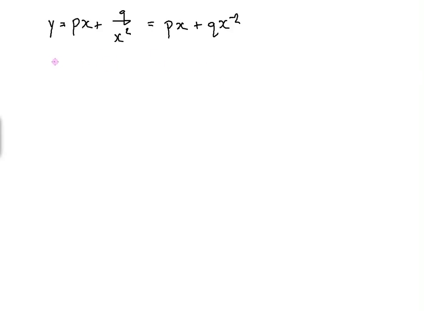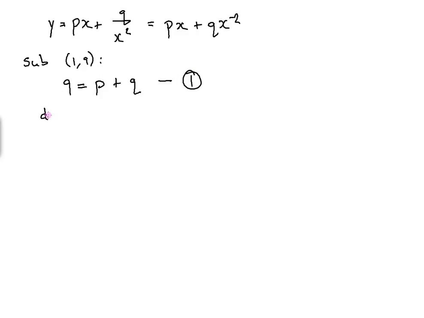The first thing we can do is substitute in the point 1, 9 into this equation, and what do we get? We get 9 is equal to p times 1, so p, plus q divided by 1 squared, so q. So this will be our first equation.